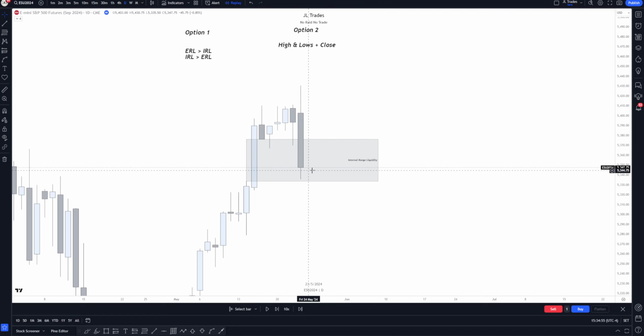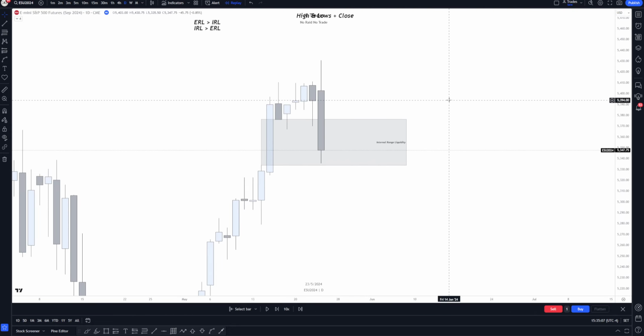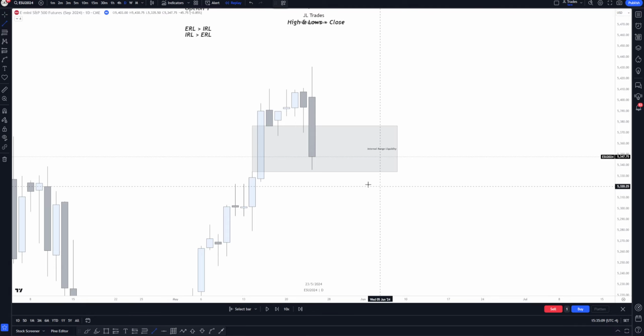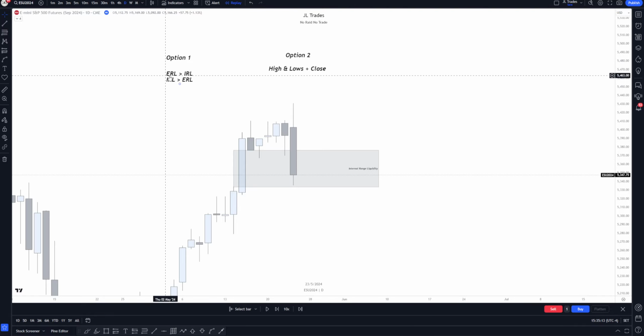We do not look for shorts, we do not look for longs in a bullish internal range liquidity. Okay, so my daily bias using option 1 would be bullish for Friday.